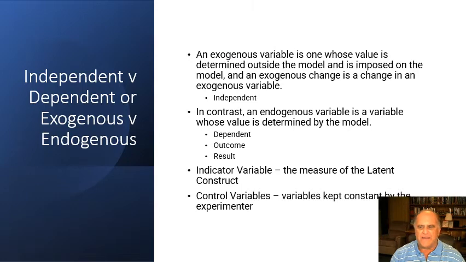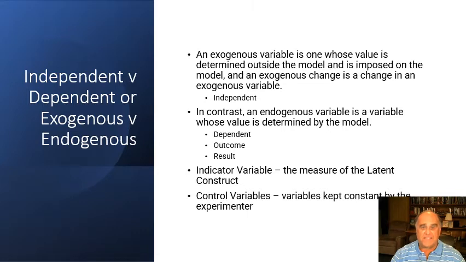Okay, just again to go over some terminology. Another word for an independent variable is an exogenous variable. Another word for dependent variable is an endogenous variable. Especially within path models, you'll sometimes see independent variables referred to as exogenous variables and dependent variables referred to as endogenous variables. An exogenous variable is simply one whose value is determined outside the model and is imposed on the model.